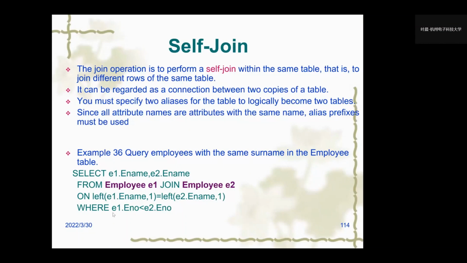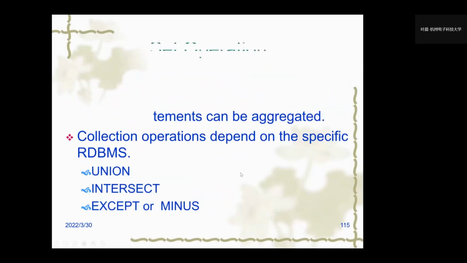So here we use the eno to identify that these are two different people, but they have the same surname. So with this SQL language, you can query the employees with the same surname in the employee table.